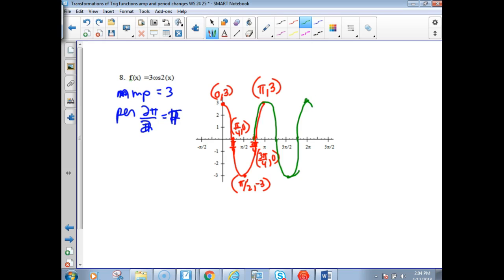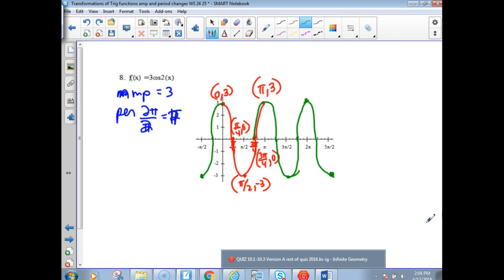And then I come back down again, and end there. Going back this way, it would end right at negative pi over 2, negative 3. You don't have to label all those.